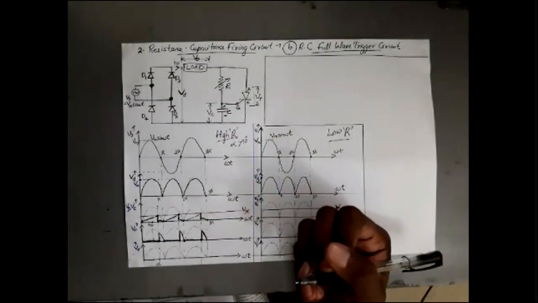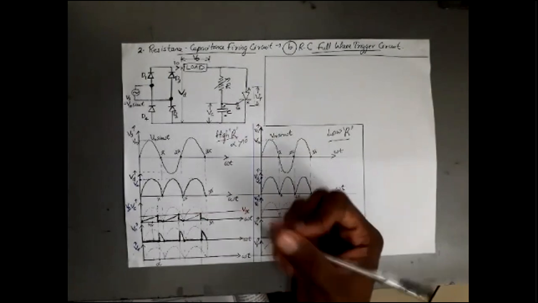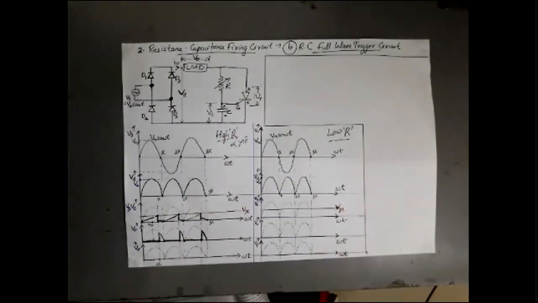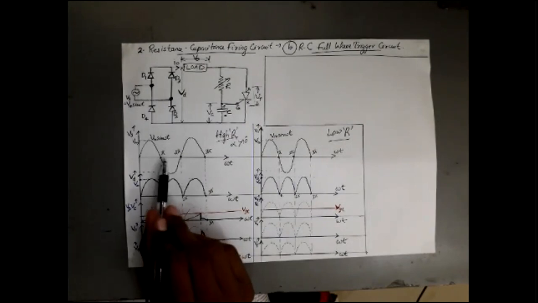Okay. Then what about the case of thyristor. Here you can see that during positive half cycle also we have an output voltage V naught, and during negative half cycle of Vs also we have an output voltage.